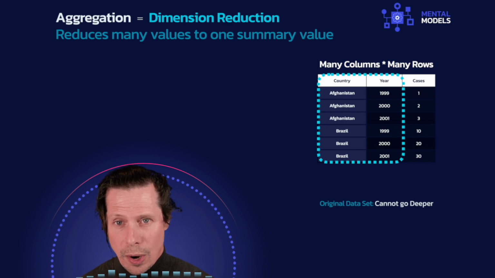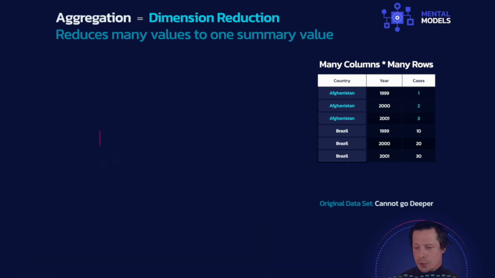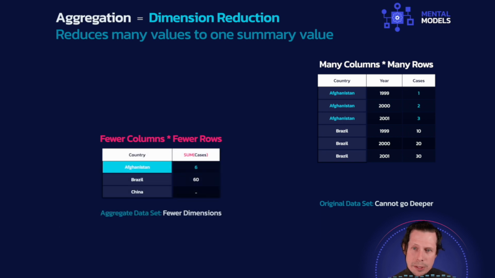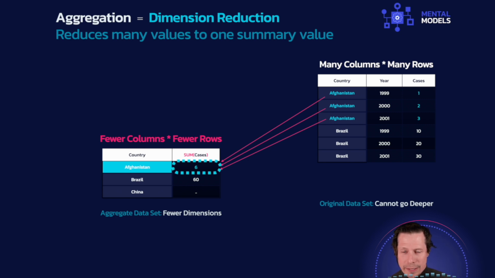And if we wanted to aggregate that to get just the sum of cases by country, then the physical process that occurs is we would drag the pills out onto the canvas, keeping the country dimension, and we would request the sum of cases. And mechanically, physically, what's occurring inside of Tableau when we do that is this aggregate set of query results is taking what was a deeper level of granularity and removing the dimension year, and thereby reducing the number of records.